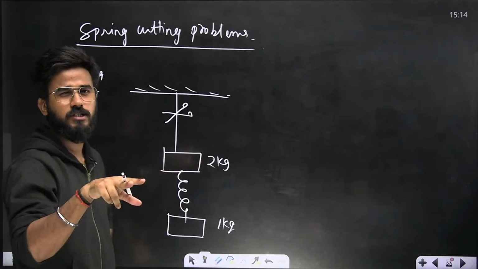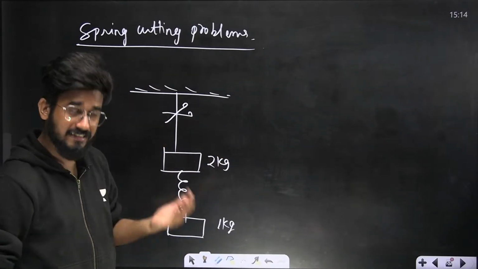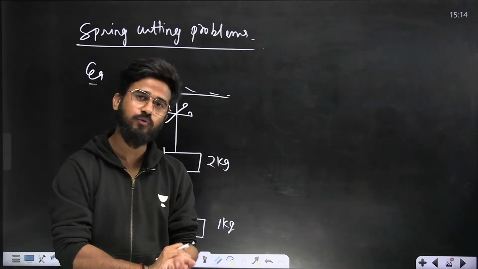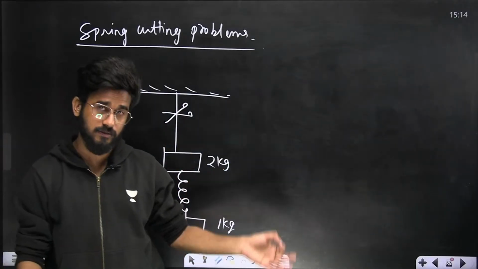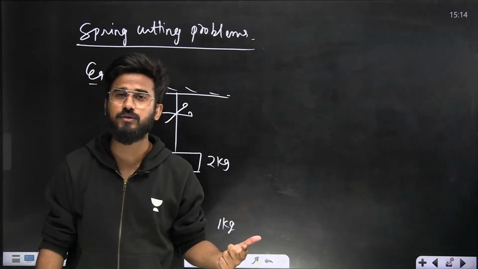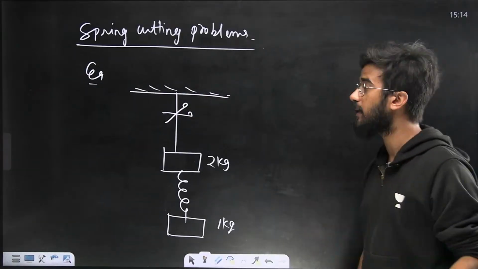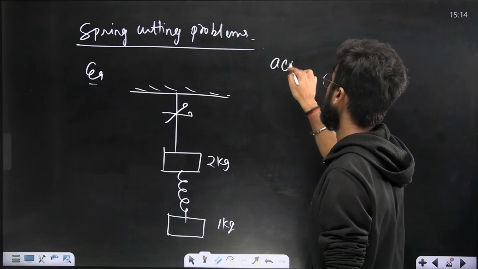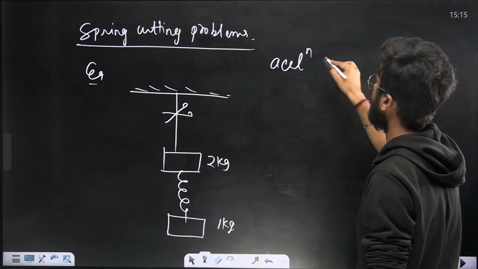We just have a cut from here, right? What is being asked is that you have to find the acceleration of these two blocks. As we cut this string, you have to calculate the acceleration of both the blocks when we cut the string.